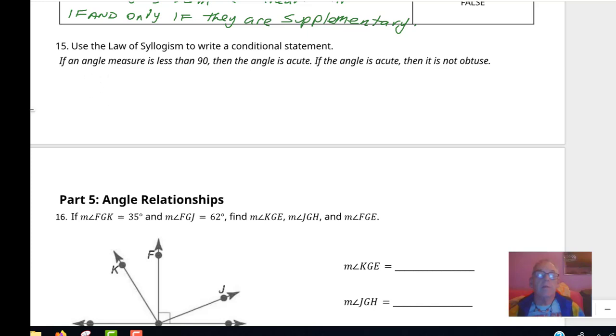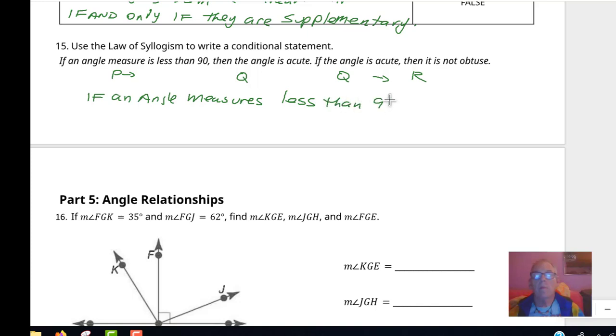So if we use the notation, P goes with Q, and over here we have Q goes with R. Since P goes with Q and Q goes with R, by the law of syllogism, it connects P with R. So we can say if an angle measures less than 90, then it is not obtuse.